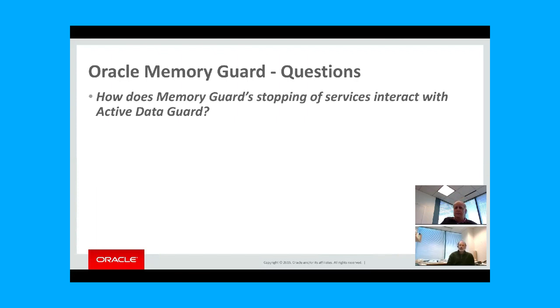Okay, so there's actually an important feature of Active Data Guard here, which Memory Guard is specifically taking, that recognizes if this feature is present. Services in a data guard environment can be set up to have a role.